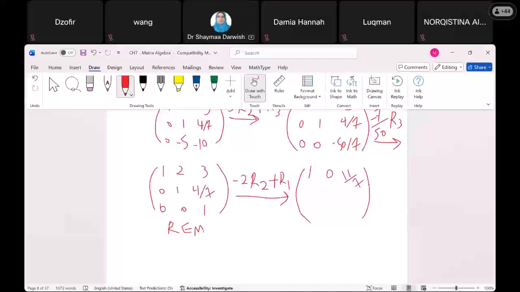Then 0, 1, 4 over 7. 0, 1, 0, 1. Or 13 over 7, right? Should be 13.